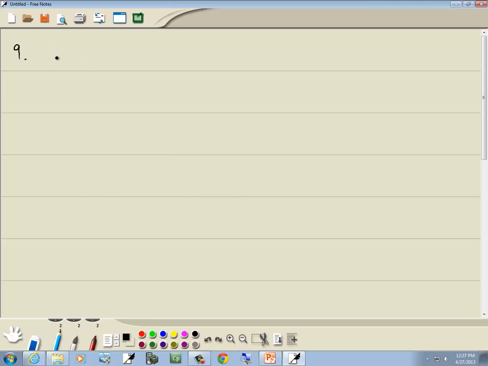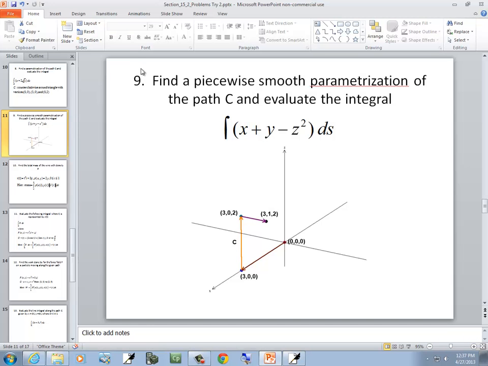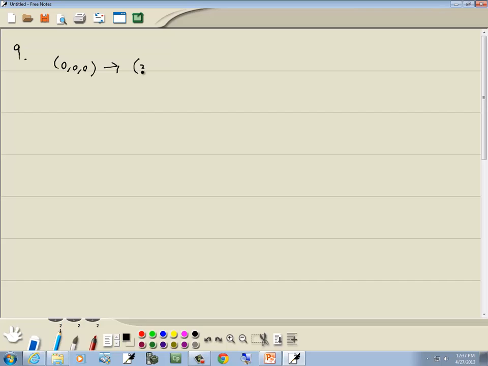So first segment, it's going from 0, 0, 0 to 3, 0, 0. This is segment 1.